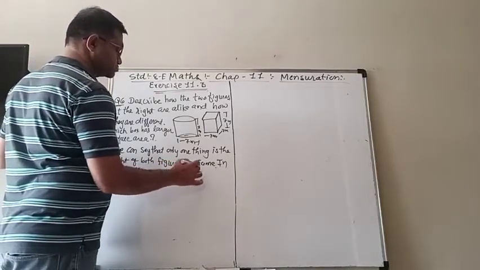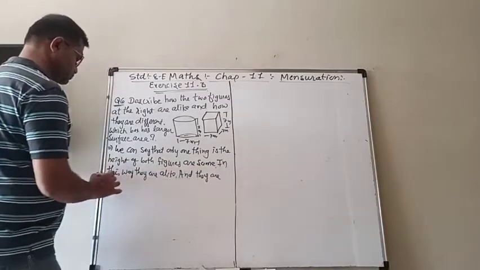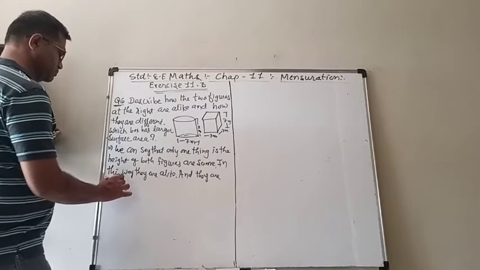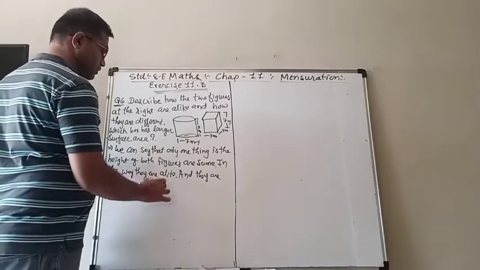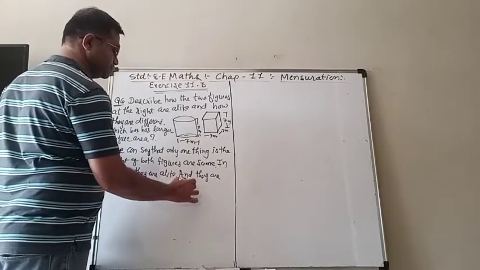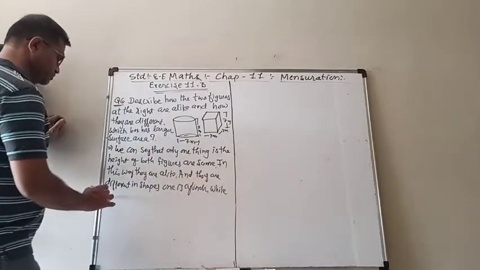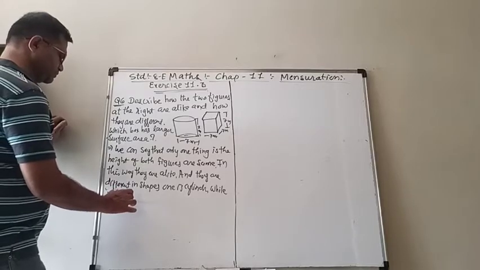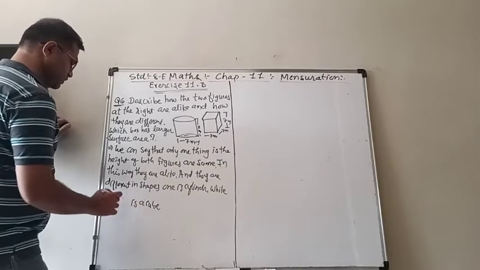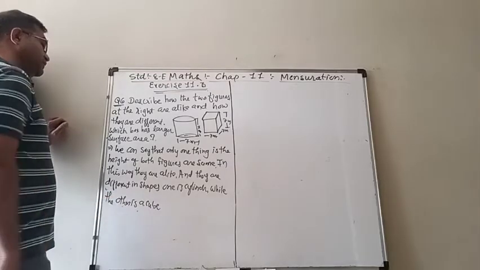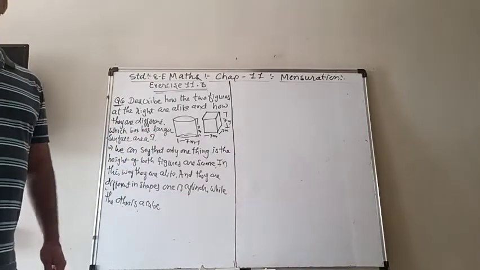And they are different in shapes. One is a cylinder, while the other is a cube. Now we have to find the answer: which box has a larger surface area?